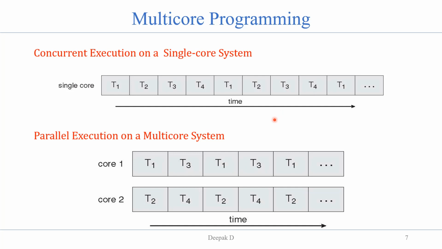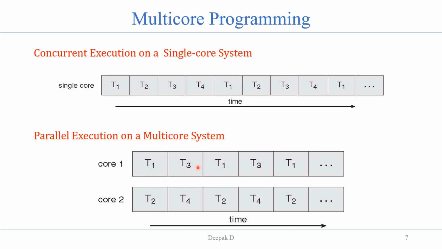The next one is parallel execution on a multi-core system. Assume that you have 2 cores, core 1 and core 2, and you want to run an application which has 4 threads. You can see here that thread 1 is running on core 1 and thread 2 is running on core 2.